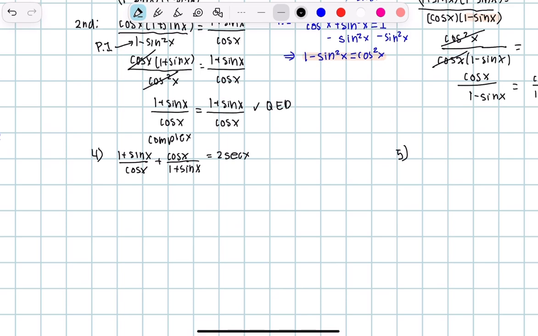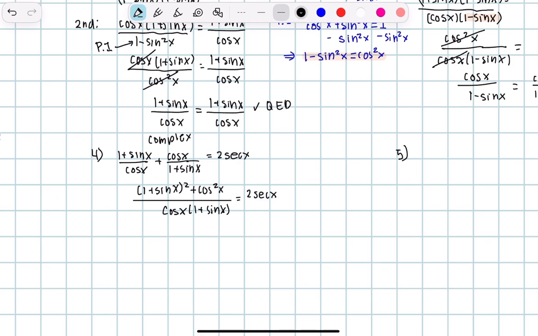Seeing that this is the more complex side, we can combine this into one fraction. So it's going to be 1 plus sine x squared plus cosine squared x divided by cosine x times 1 plus sine x. And this is going to equal 2 secant x. I guess we can write that.